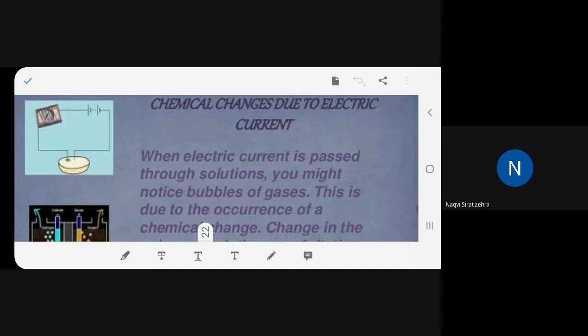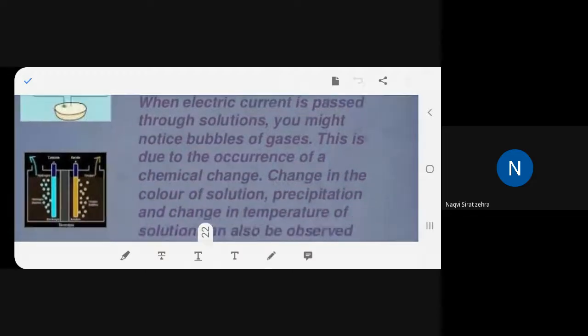Now we'll see what the chemical changes due to electric current are. Whenever an electric current is passing through a solution, we can see certain bubbles in the liquid. What are these bubbles made up of? These are obviously made up of gases because chemical changes have started occurring.